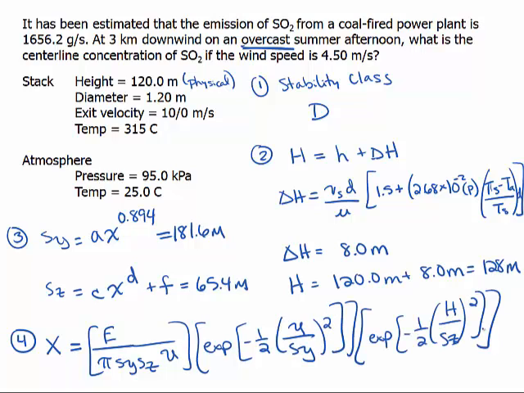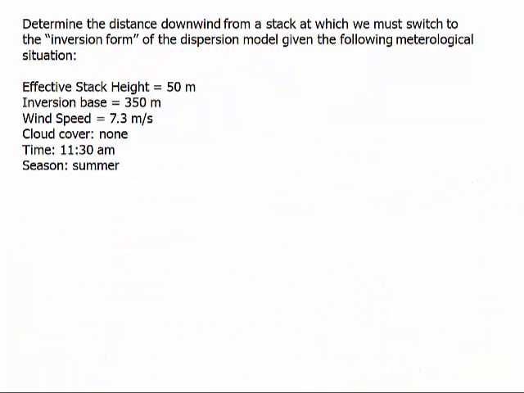I encourage you to punch in all of the numbers to make sure you know how to work the calculator for this long problem. The answer you should get at the end of this is 1.5 times 10 to the negative 3 grams per meter cubed. The second example I'd like for you to try to perform is this one.